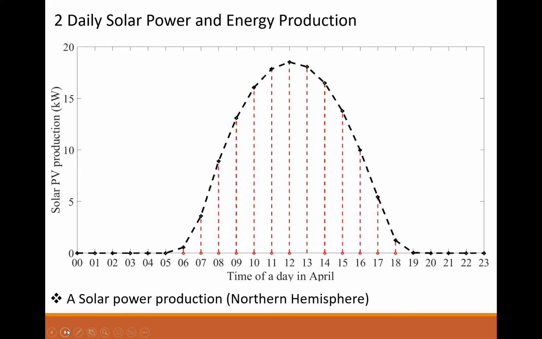So when we move on, we have a daily solar production from the northern hemisphere. This is typical of what you expect from a certain place if you have an installed capacity. If we look at every hour within a day, we have a cycle of production that looks like that.